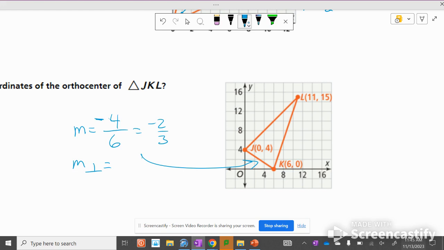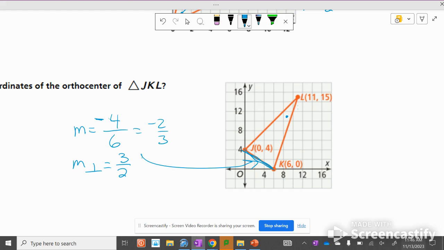What's the opposite reciprocal of negative 2/3? 3/2. So I have to start from the opposite vertex. So I go down 3 to the right 2. And I'm right there.